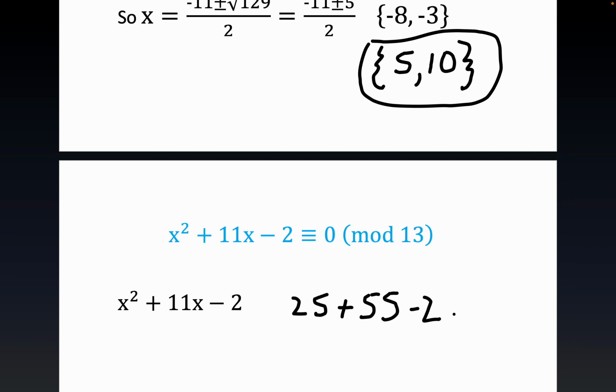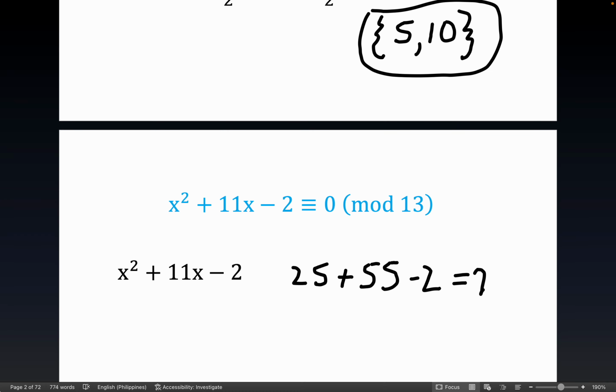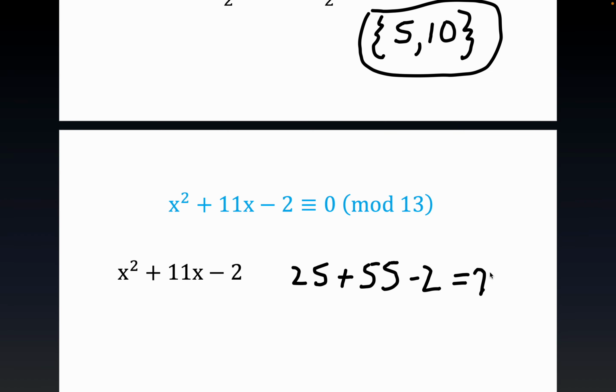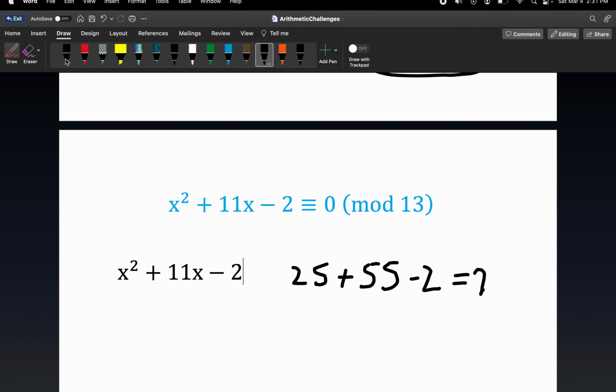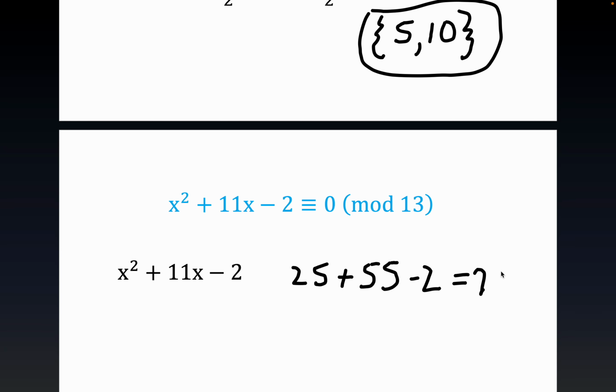And that is equal to 78. Okay. Now notice that 78 is congruent to 0. And y'all, it's understood it's mod 13. So 78 is congruent to 0 because 6 times 13 is 78, right?